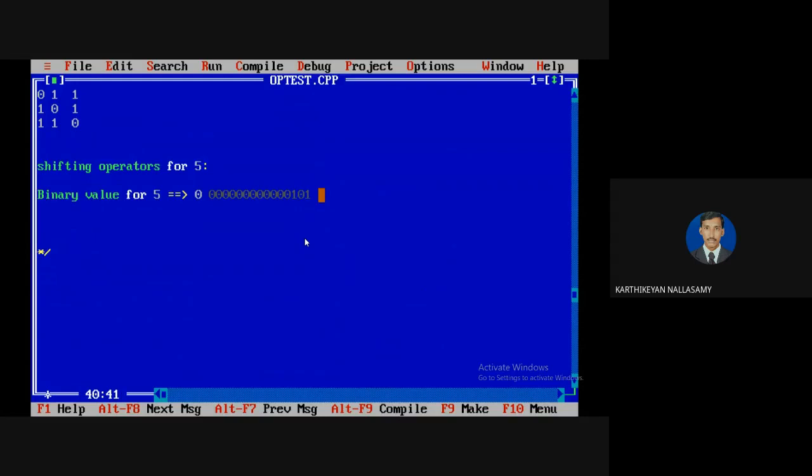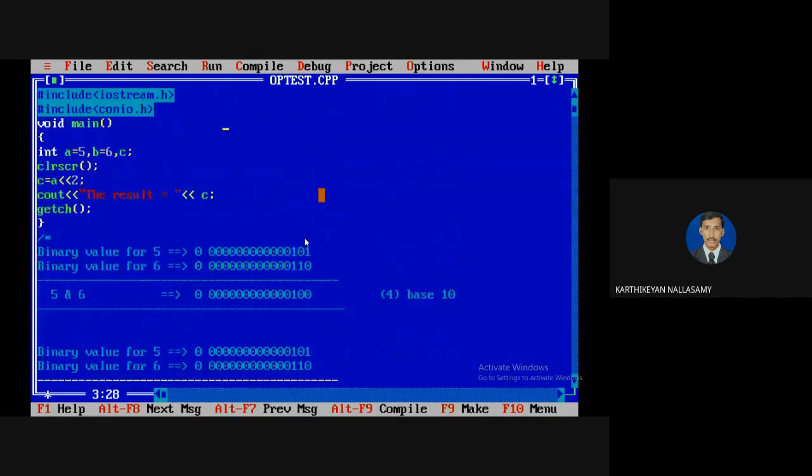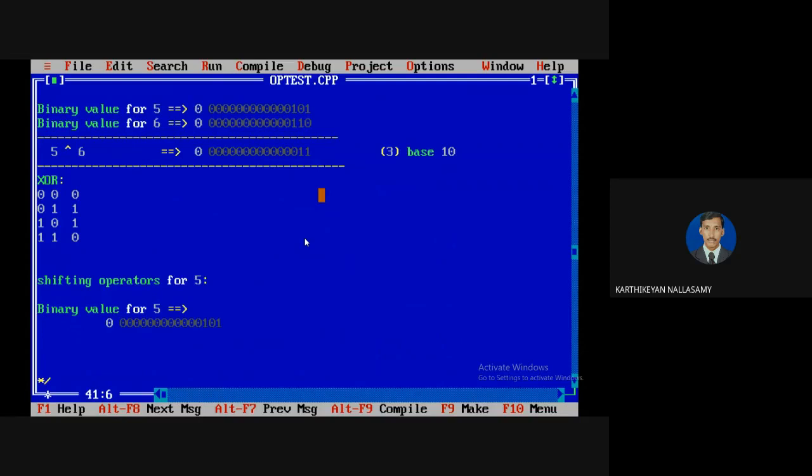Here the shifting operator value is 2. That means I need to shift by 2 bits. It means that you need to add 2 zeros at the end and remove 2 bits from the front, including the sign bit. Clear? Okay.